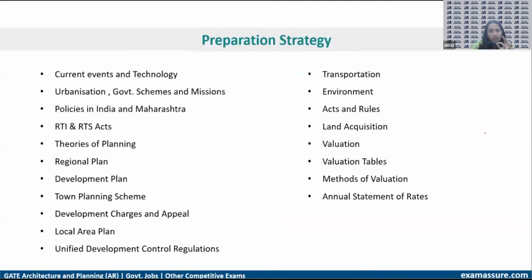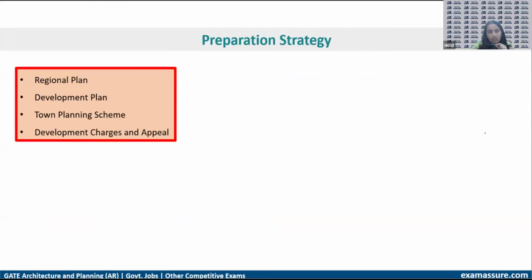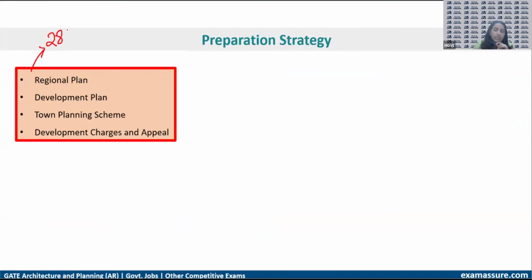So the primary focus is to finish your MRTP Act. I'm sure you must have realized looking at the analysis that this is the Bible, and without MRTP, it's difficult to clear the exam. For MRTP, where you have around 28 to 30 questions, here itself you are securing 60 marks out of 200.